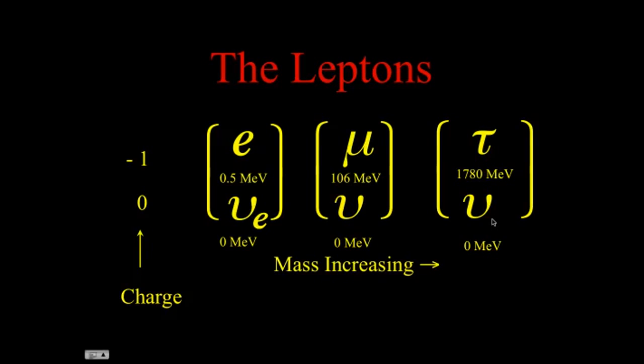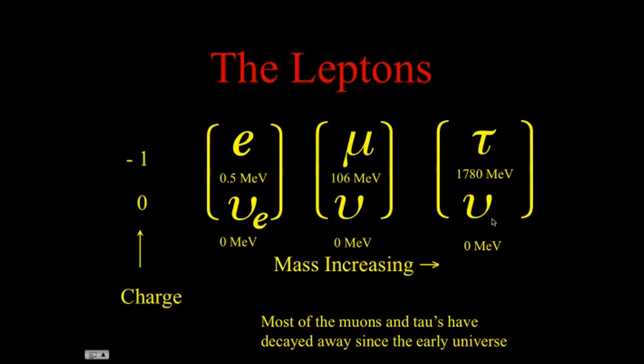Notice again, at least amongst the charged leptons, mass is increasing to the right. And again, all of these particles, the muons and the taus, were present in the early universe, except being heavier, they had the opportunity to decay into lighter particles, the things to the further left on the table. So today we have mostly the electron and its neutrino in nature.